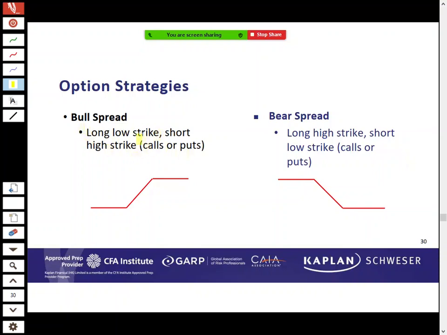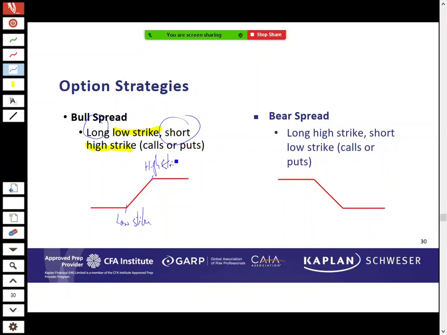Well, it's either call or put. Let's say it's a call option. If we long a call at the low strike, short a call at the high strike, one long, one short. So that means that it is the low strike. When the underlying price, for example the stock price, goes beyond this low strike, you start to make money, but you don't think the stock price will go beyond the high strike.